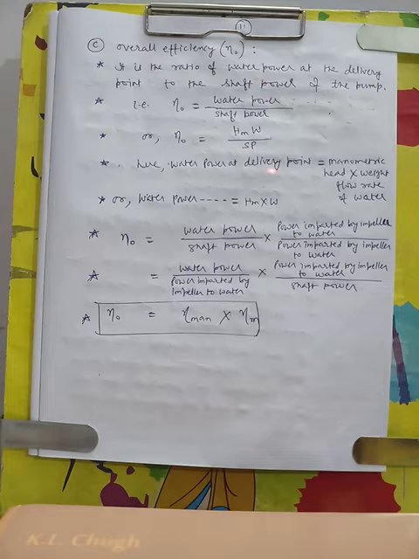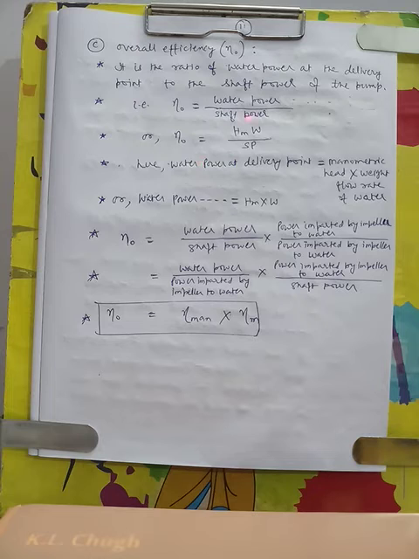So here we are seeing the total power. The first power input is the shaft power, and the last power output is the water power. So overall efficiency is the water power, the last output of power, divided by shaft power, the first input of power. This is called the overall efficiency.